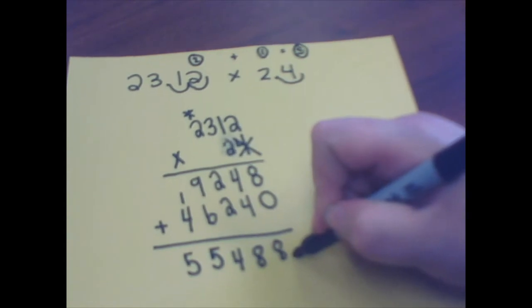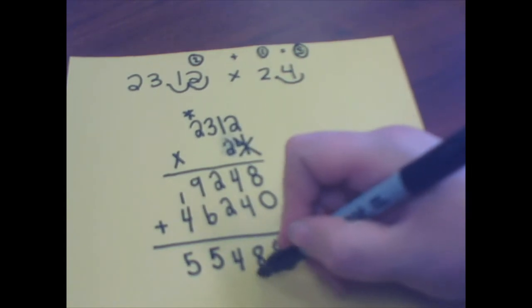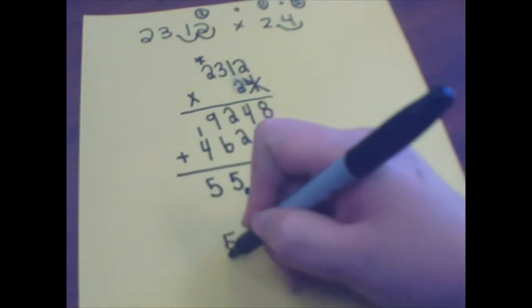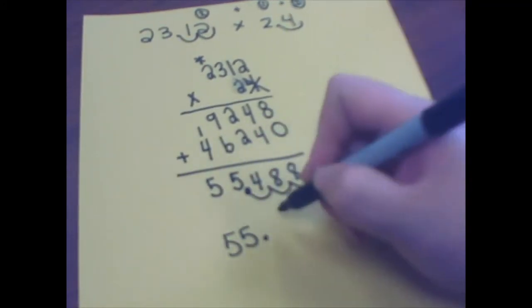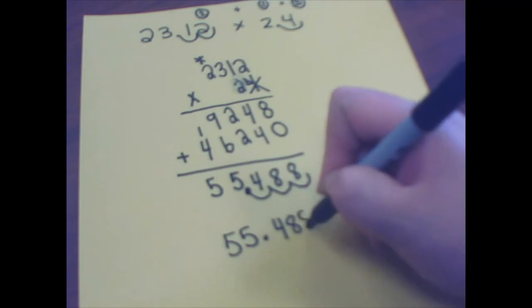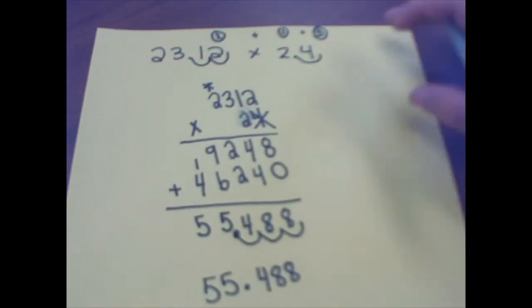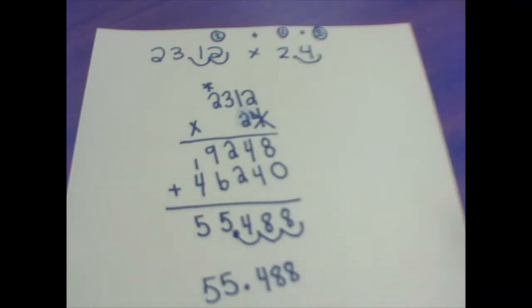So starting back here, 1, 2, 3. So my actual answer is 55 and 488 thousandths.